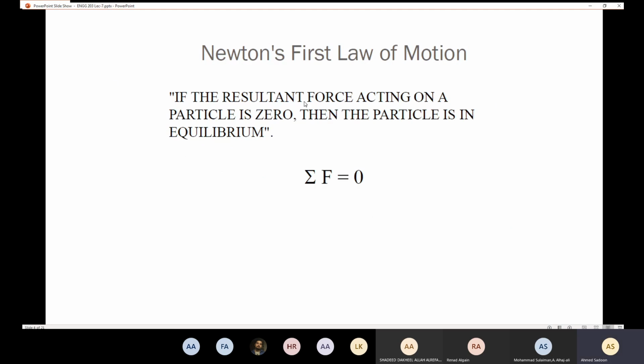Newton's first law of motion says that if the particle is in equilibrium, then the resultant force, which means the summation of the forces acting on that particle, is going to equal 0.